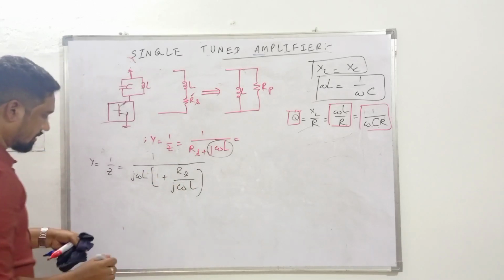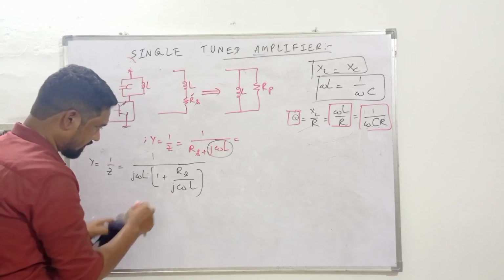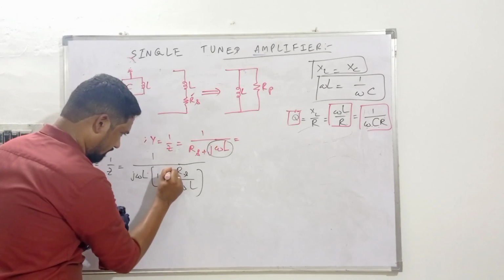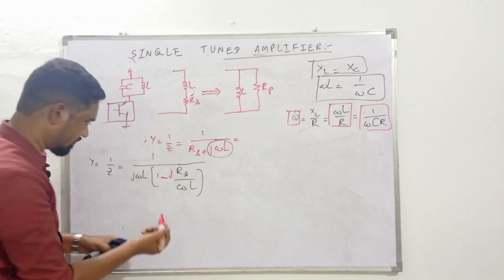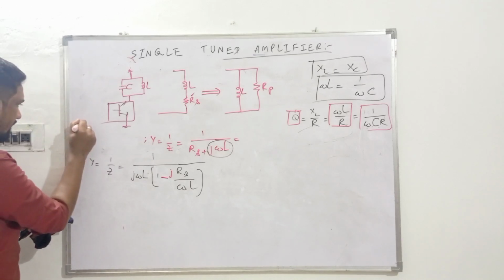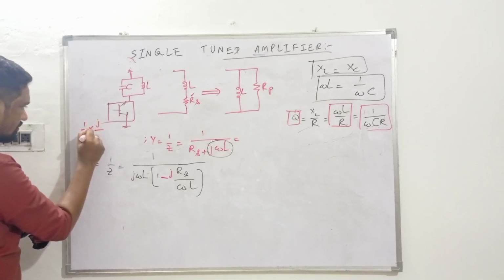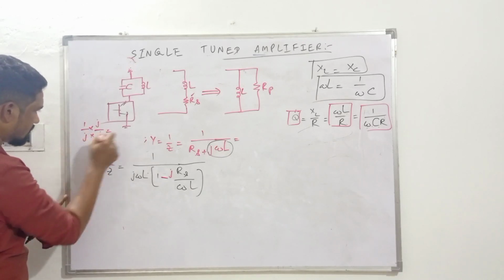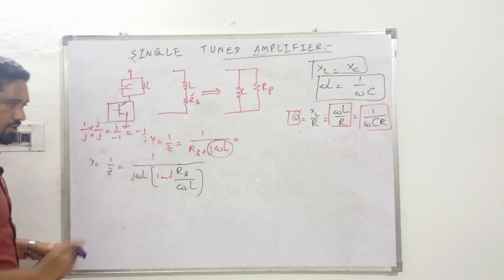Is that clear? Now, 1 by j can be written as negative j. If you have a question, 1 by j into j into j, will that be a problem? No. j into j is negative 1, and so 1 by j is negative j. That's what we write.